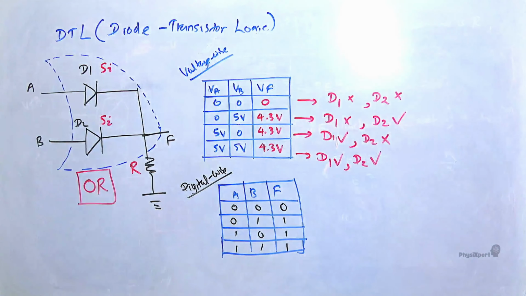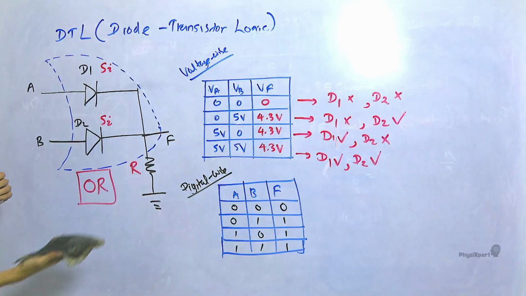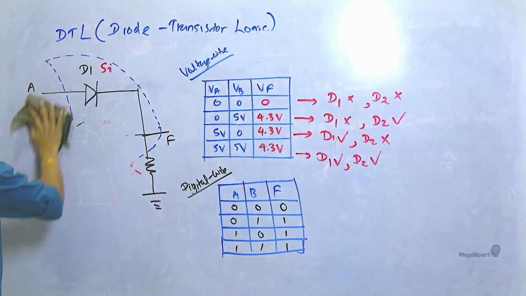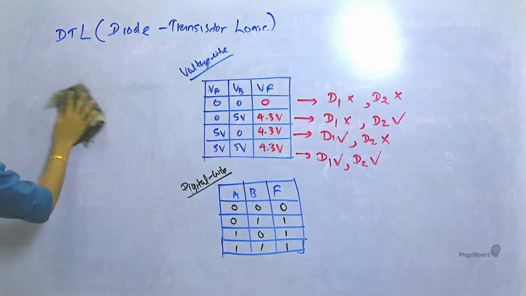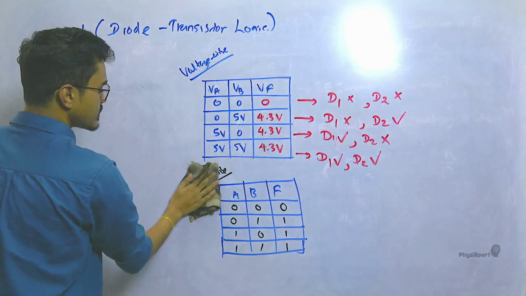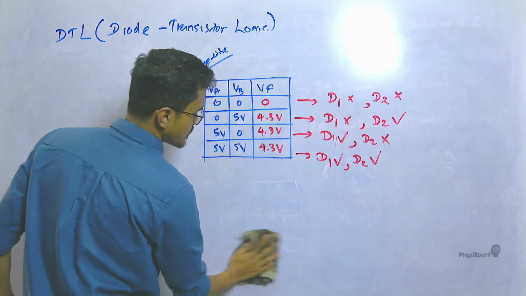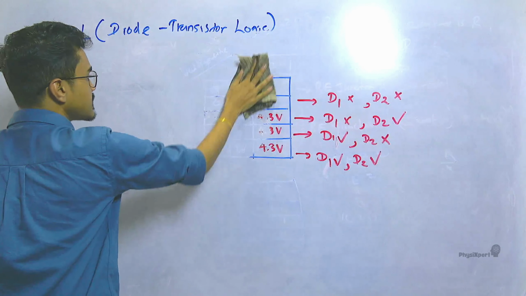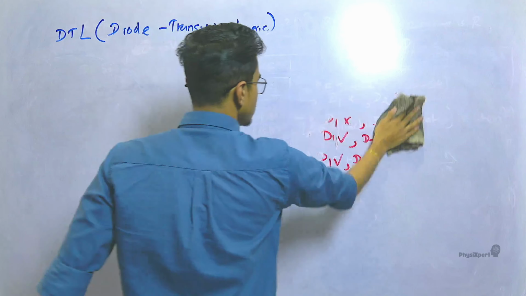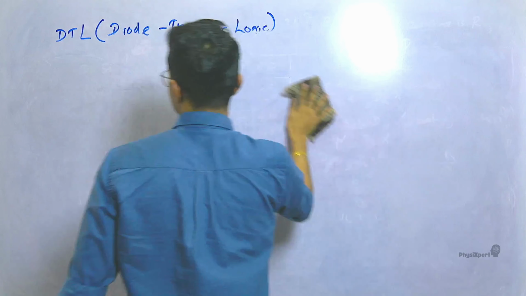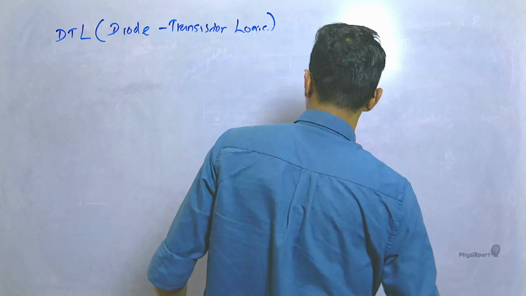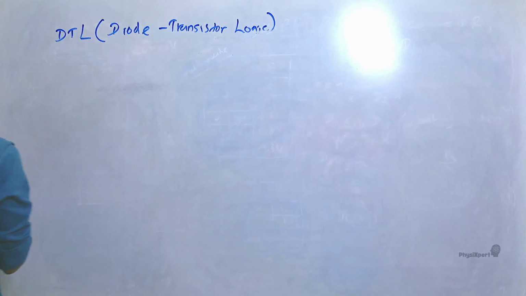See, I'm going to make a small change to this circuit. I'm going to switch the side of the resistor like this, and the diodes.